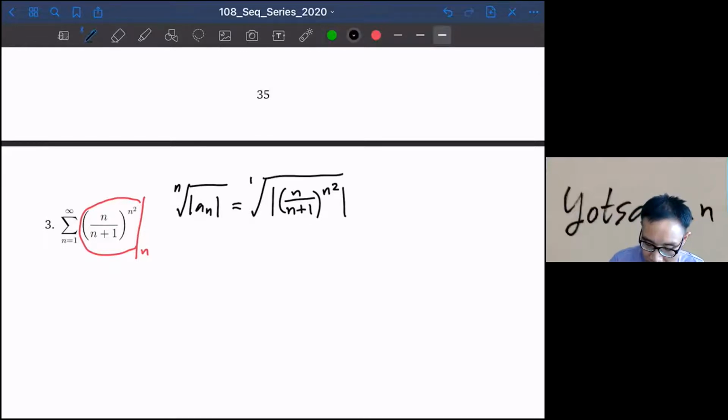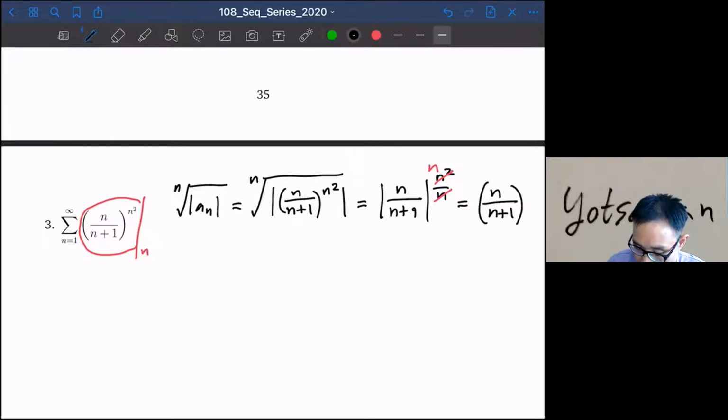You are taking the n-th root, and you have n squared over n. When you take the n-th root, you get rid of this n, so it becomes (n over n plus 1) to the n. So that is going to be the n-th root of a_n.